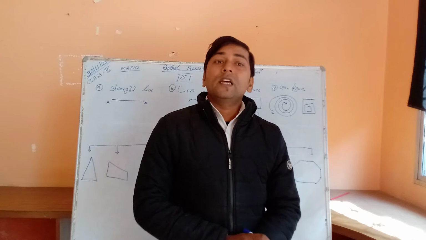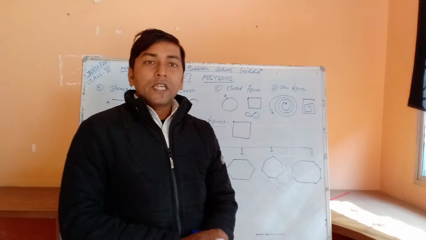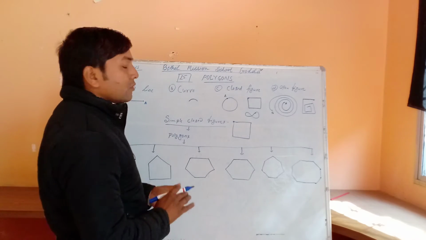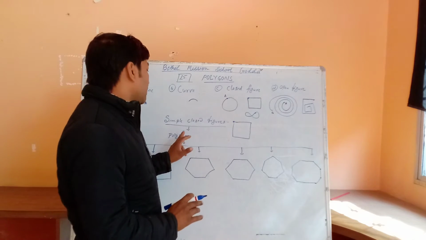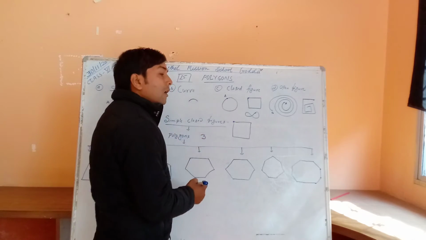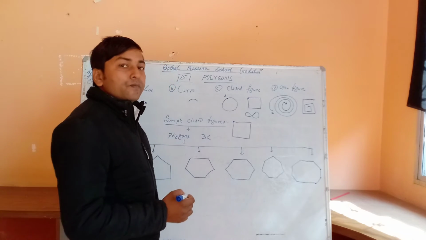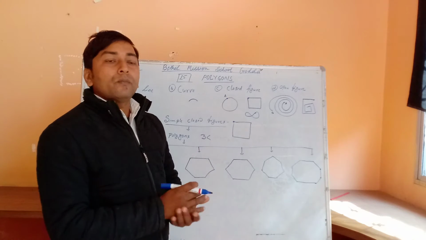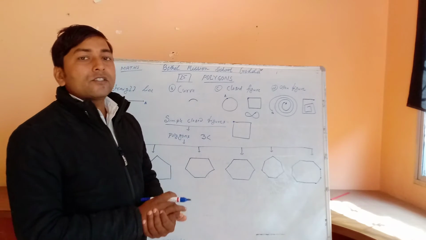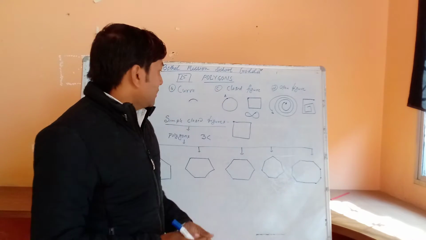In a simple closed figure, when we use 3 or more than 3 line segments, we call that a polygon. First we discuss polygons. When 3 or more than 3 line segments are used to make a simple closed figure, it is called a polygon.